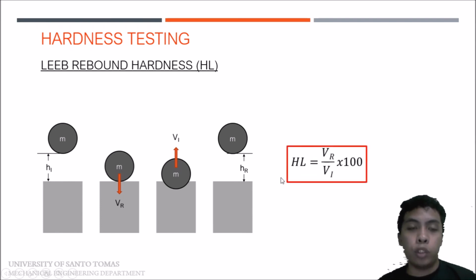So for calculating the rebound hardness, the formula is the ratio of the velocities: velocity R, or the velocity of rebound, over the velocity of impact. So that will be the rebound hardness.